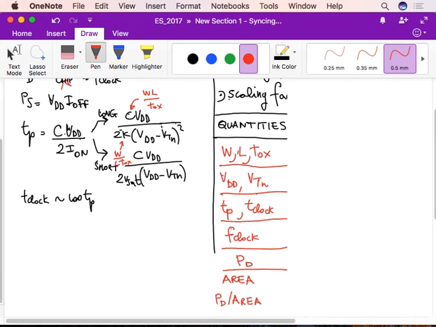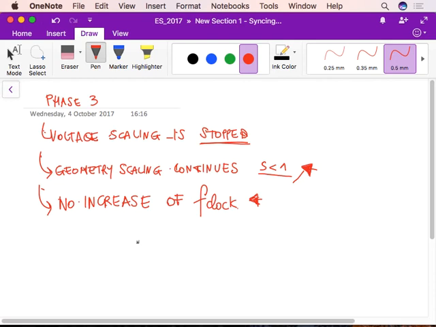So you have basically PD proportional to S, the geometrical scaling. The area is proportional to S squared, and therefore PD over the area is proportional to 1 over S.